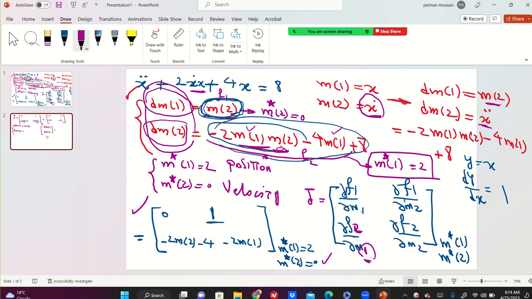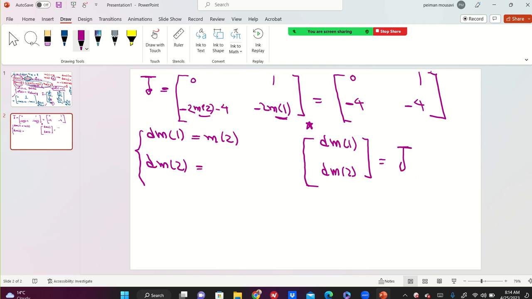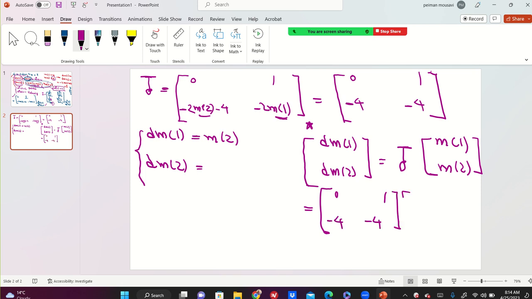Now this we can say is the Jacobian in m1 and m2. So the Jacobian is 0, 1, minus 4, minus 4 in m1, in m2. This is a matrix operation, that's right. 0, m2, bingo.